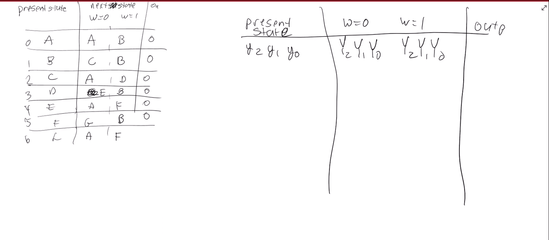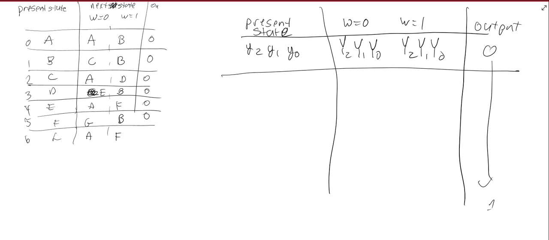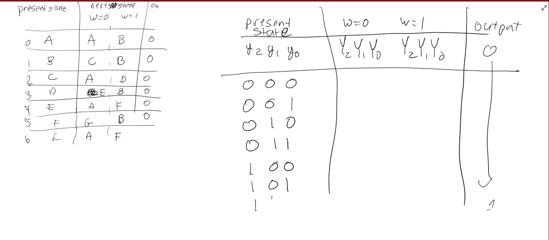And I'm not going to put in the output column because it's so easy. It's just zeros and then 1. So A is 0, B is 1, C is 2, D is 3, E is 4, F is 5, and G is 6.